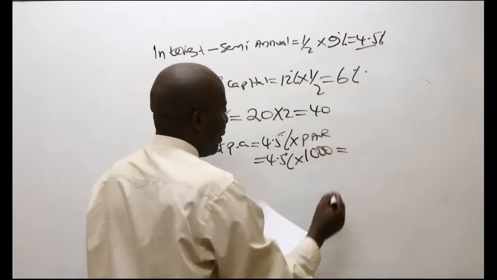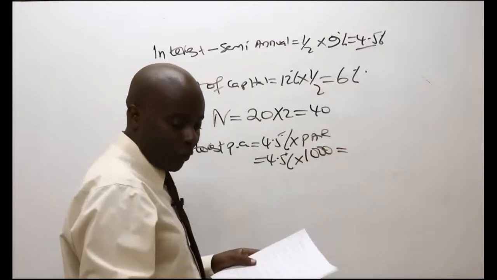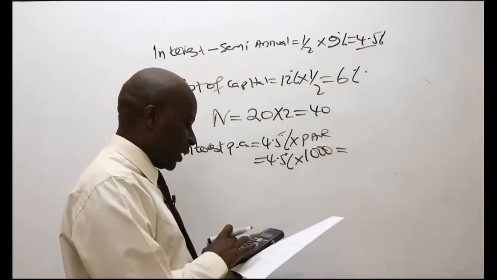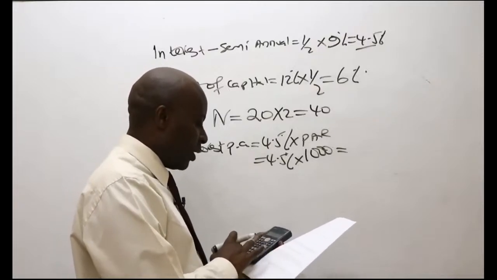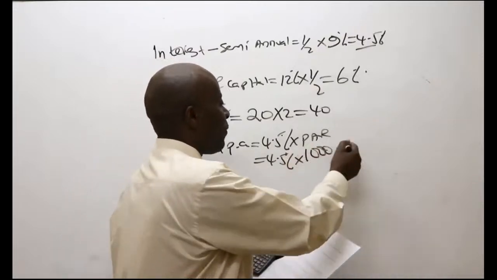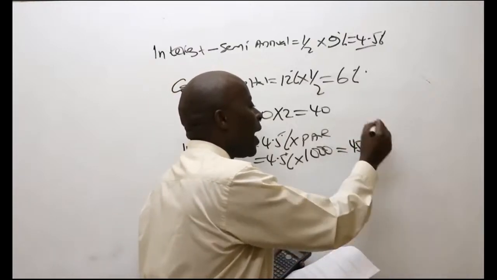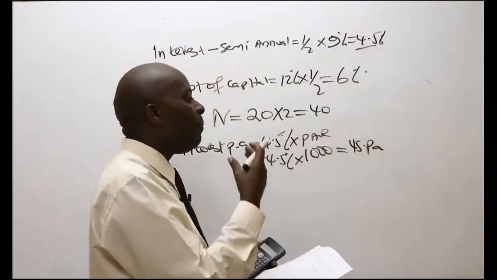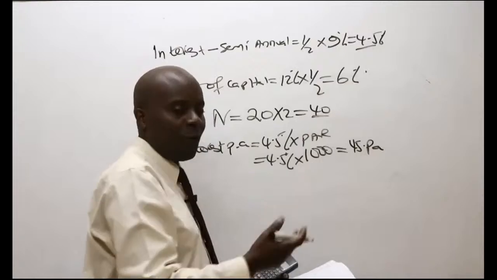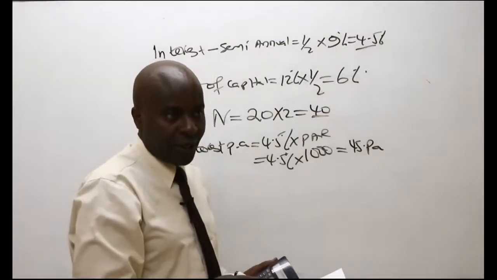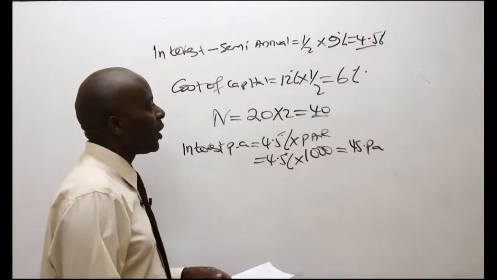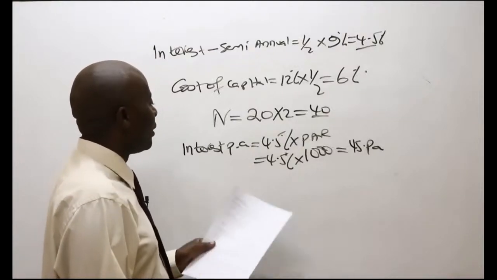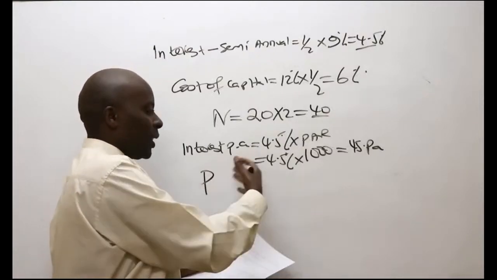So 4.5 times 1,000 divided by 100 will give me 45 bob every period, for how many periods? 40. So straight away, ladies and gentlemen, come and give us here the PV because this is an annuity.